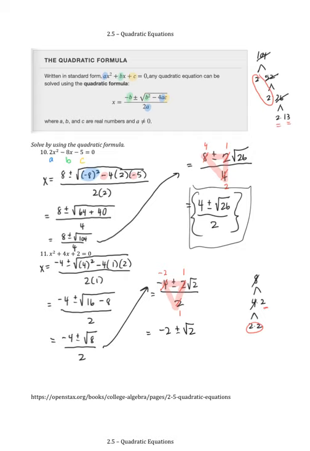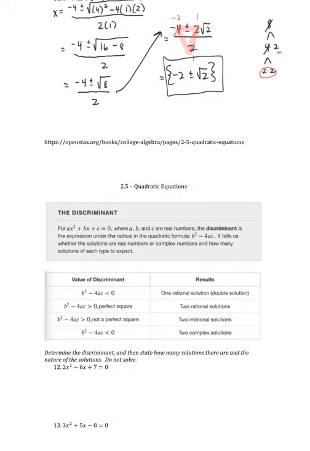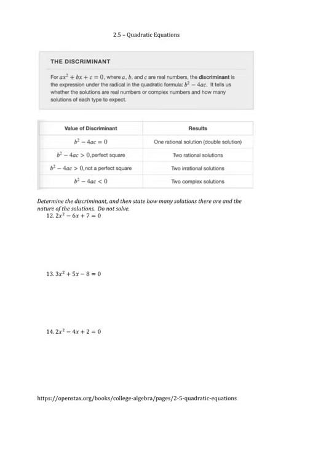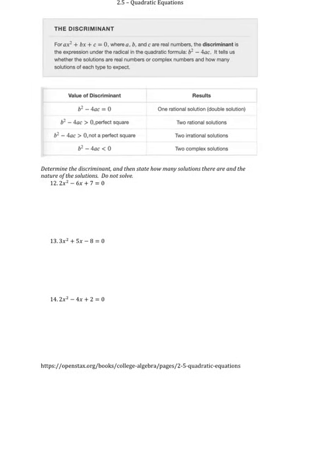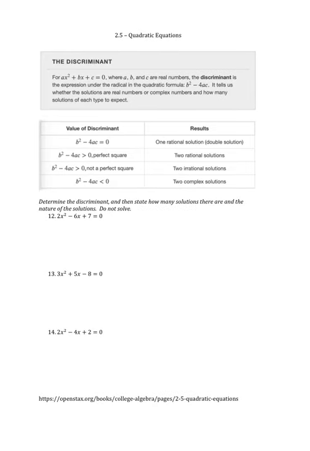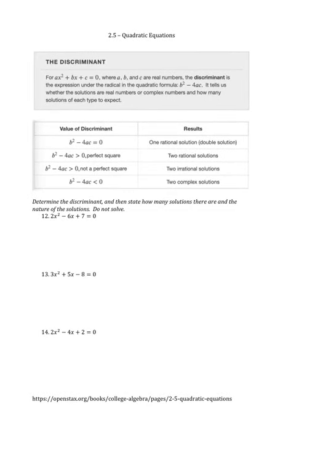I don't need to write it. So those are my 2 solutions. So we have looked at 4 different ways to solve quadratic equations. Remember that completing the square and the quadratic formula work every time, but you should know how to use all the different methods.